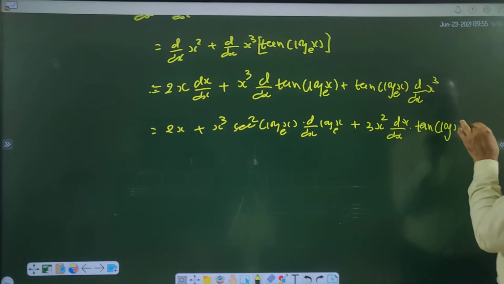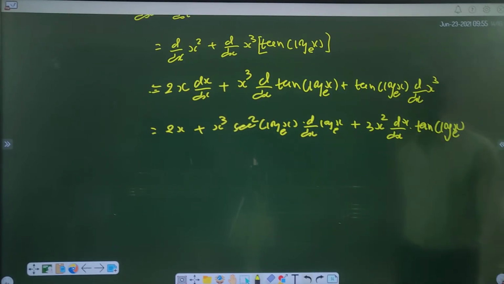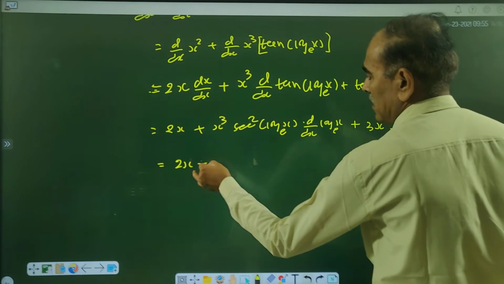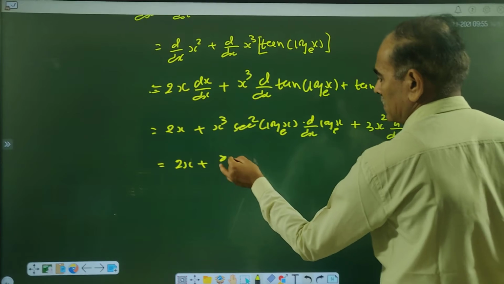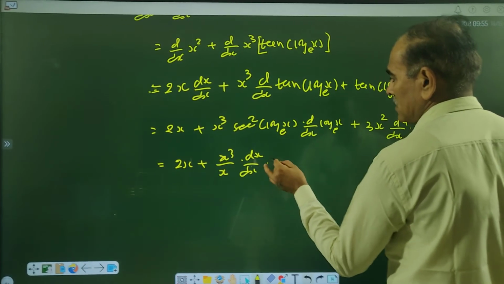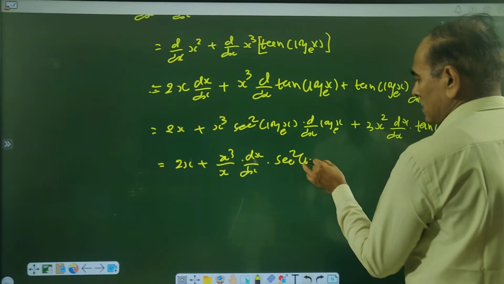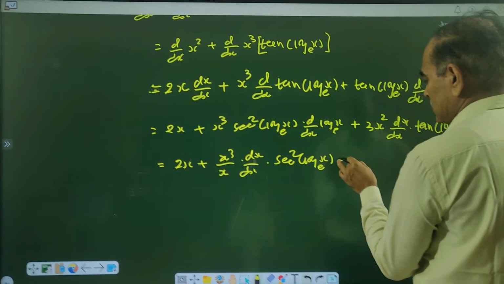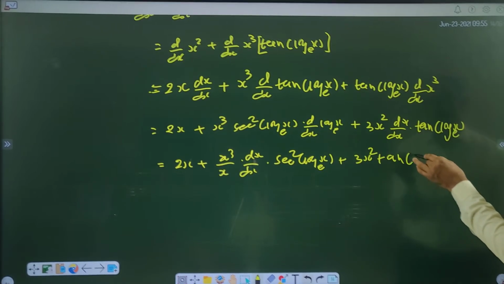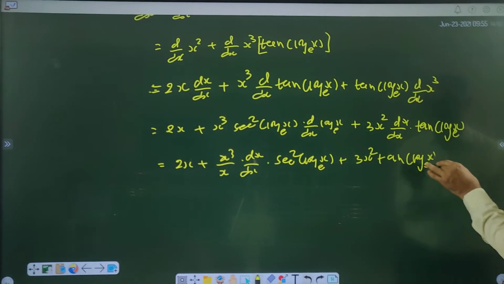Tan of log x by z as it is. So that is equal to 2x plus x cube by x into d by dx of something, sec square of log x by z as it is. Here 3x square tan of log x base e.